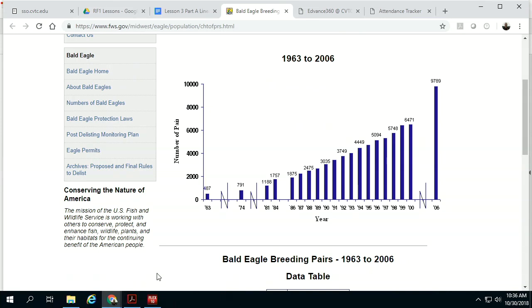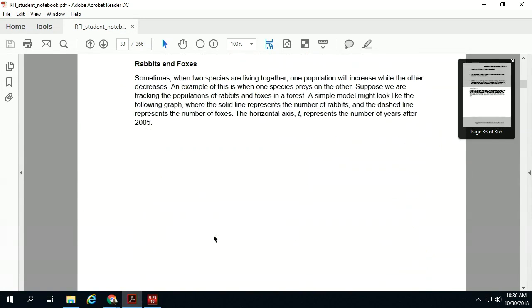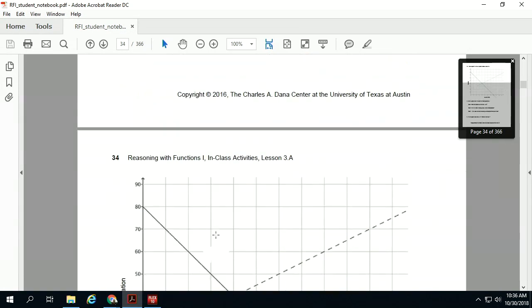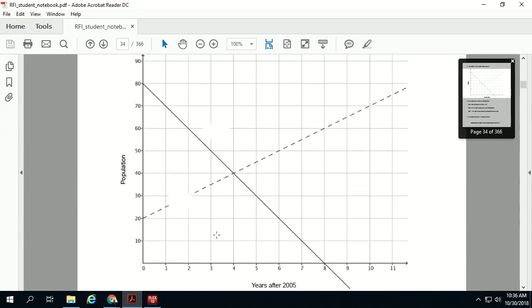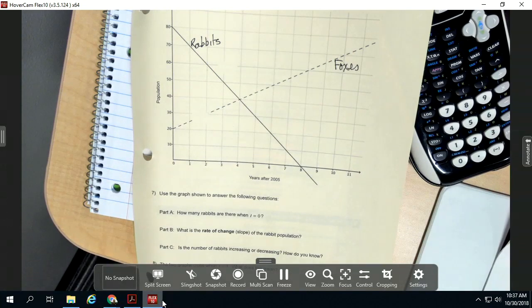Page 23. Now we are going to talk about rabbits and foxes. So here's a graph that shows rabbits and foxes, and I need you to make a modification on your graph because they took off the representations. So they're showing rabbit population and fox population.